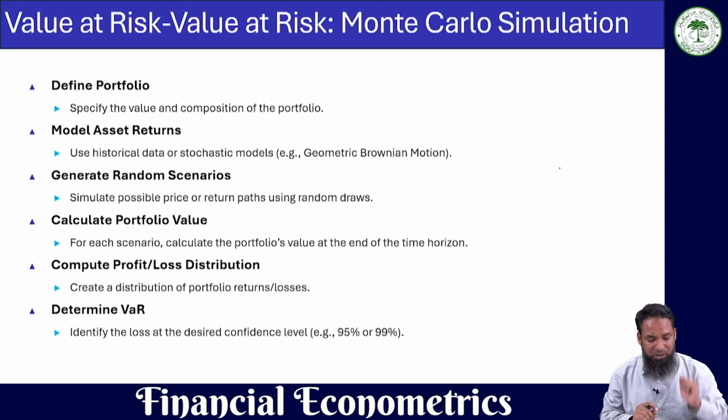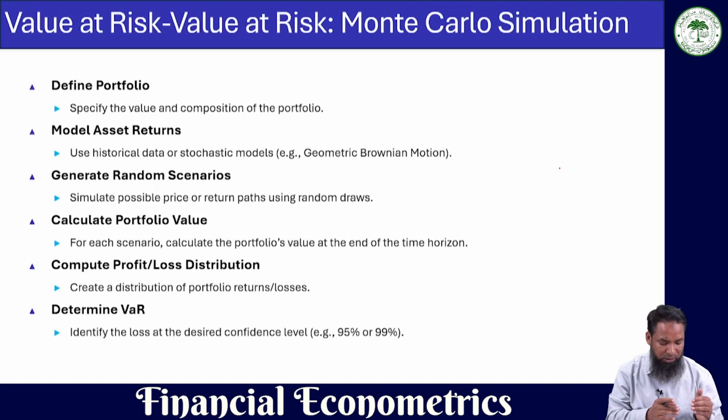Then we generate the random scenarios, then calculate the portfolio value at the end of each time horizon. Once we know that, we will be able to calculate the profit and the loss. Then we make the distribution of that profit and loss, and we will be able to calculate the value at risk.